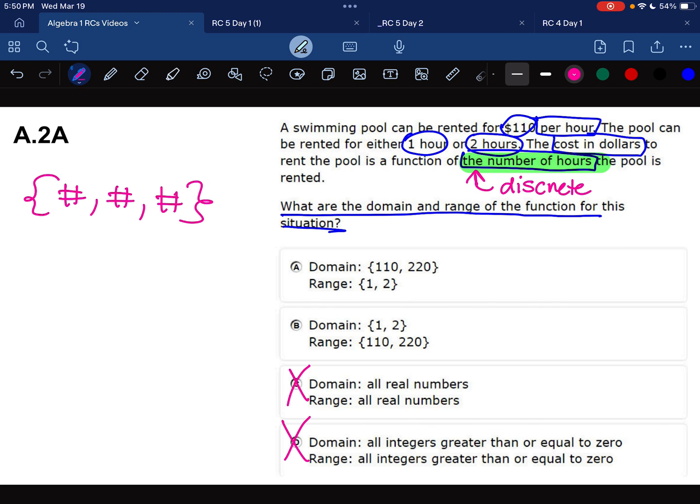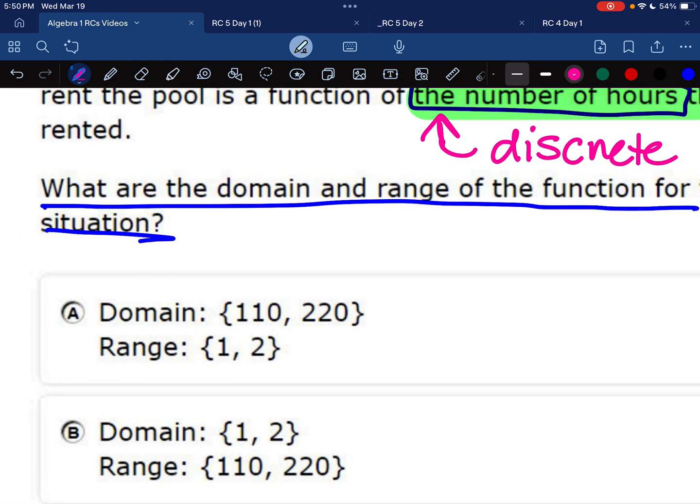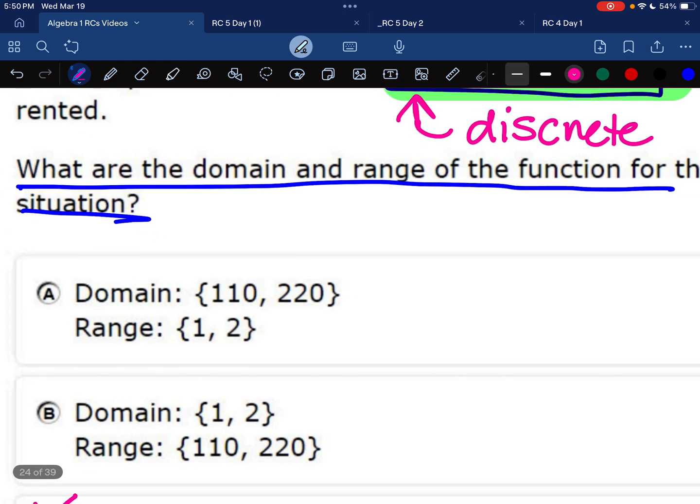First things first, I'm going to zoom in. What does our domain represent? Our X values. So that means our range must represent our Y values. Choose this color. Y values.